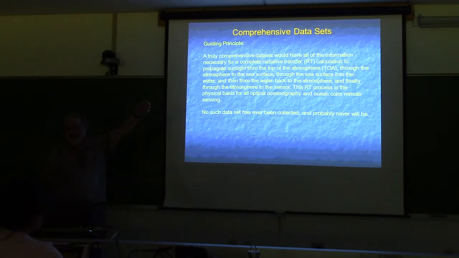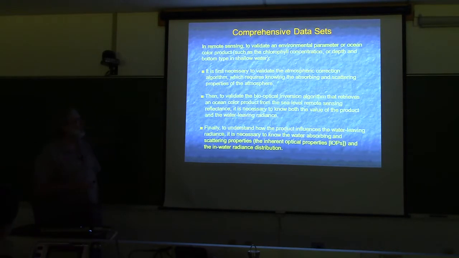If you had all that, atmospheric IOPs, water IOPs, etc., you could actually predict what your satellite is going to measure just given those properties. So that's a real comprehensive data set. No data set like that has ever been collected, and I'm sure never will be, even though everybody says they want one.